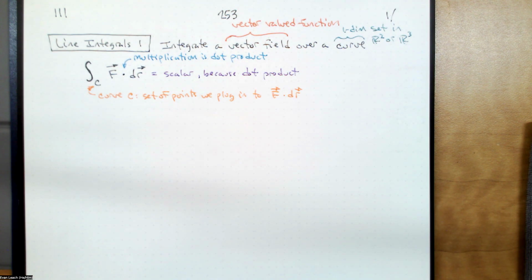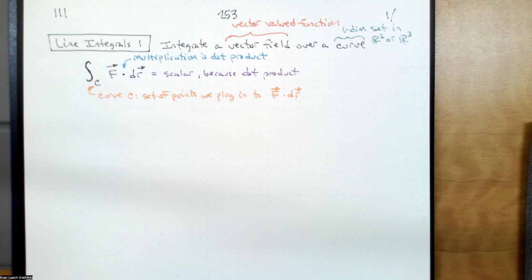This will give us a scalar because we're just adding up a bunch of dot products. We'll have to know what that scalar represents in a particular scenario, but we already know what the dot product is about. The dot product is multiplication at an angle.